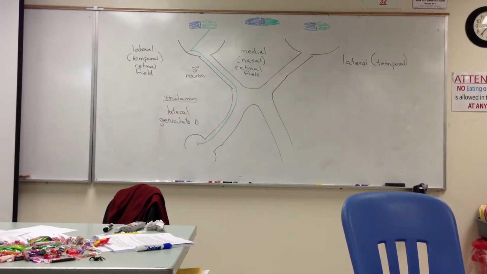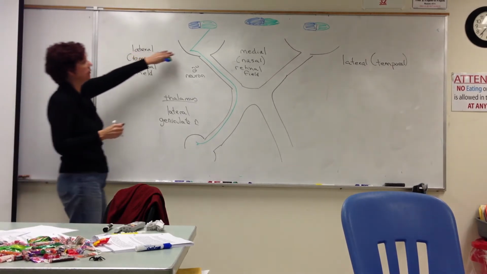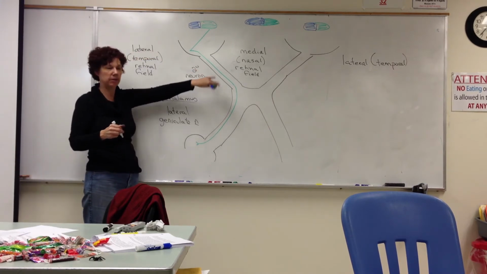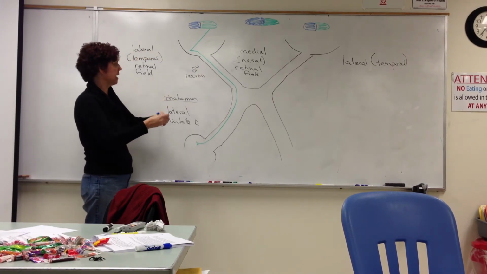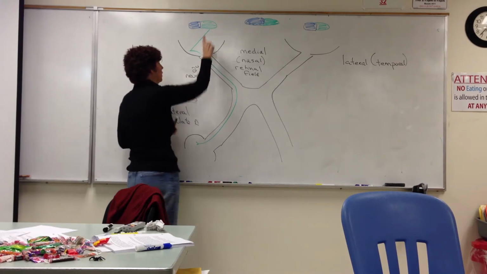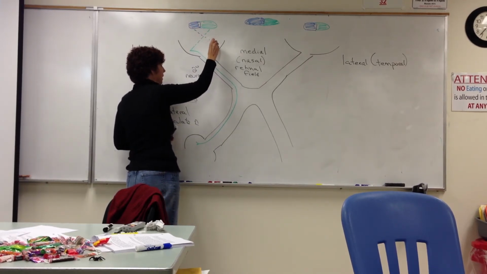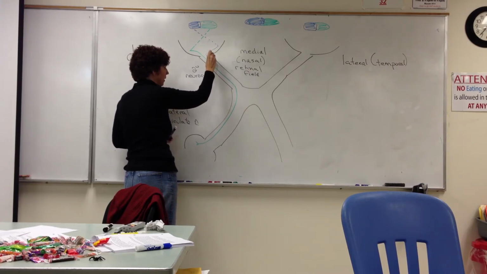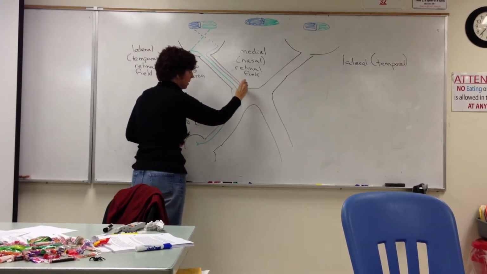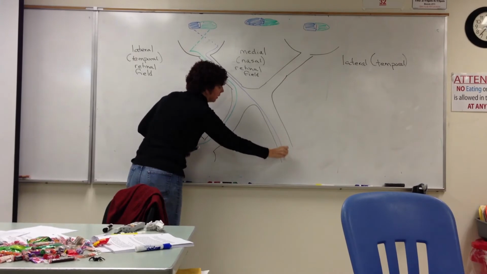They always, almost always cross. Here, half of them will cross and half of them won't. All right, so the ones that are coming from the lateral retinal field will not cross. The ones that are coming from the medial retinal field will. So that's going to activate secondary neurons that are going to cross over.